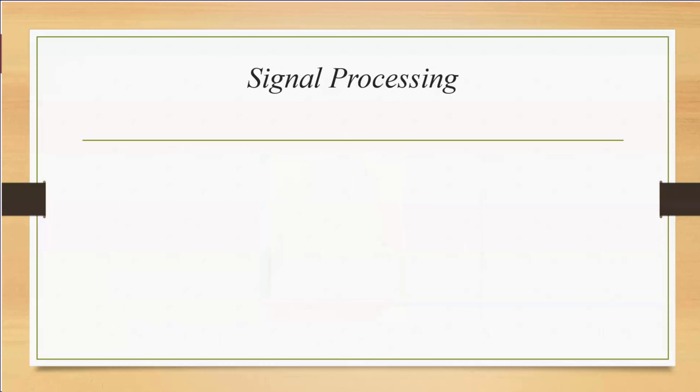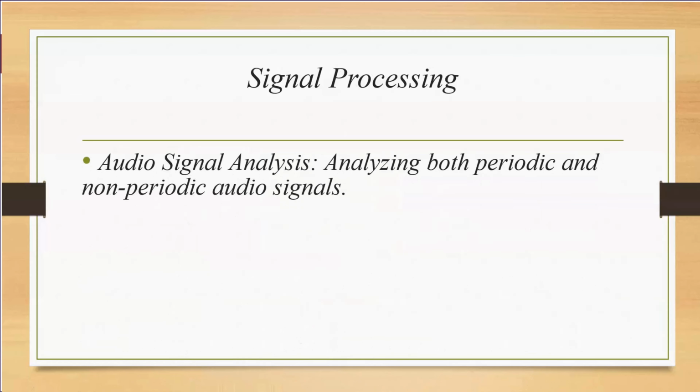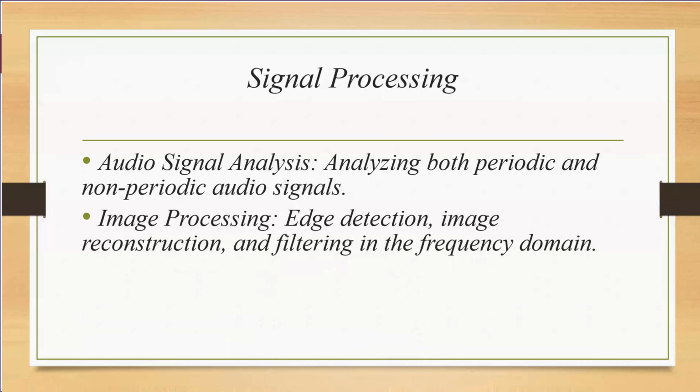So let's look at the first application of a Fourier transform. In signal processing, we analyze both periodic and the non-periodic nature of the audio signals, and this helps us to be able to decompose them into their frequency form, and then we are able to iron out what is not in the frequency that is required, and then we retain what is actually in the frequency that is required.